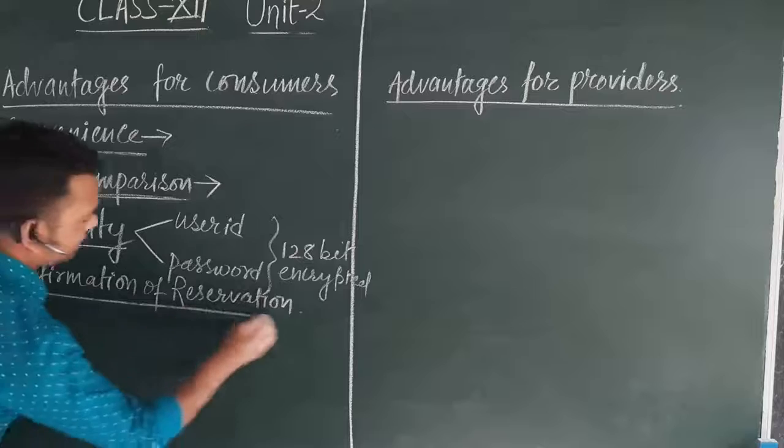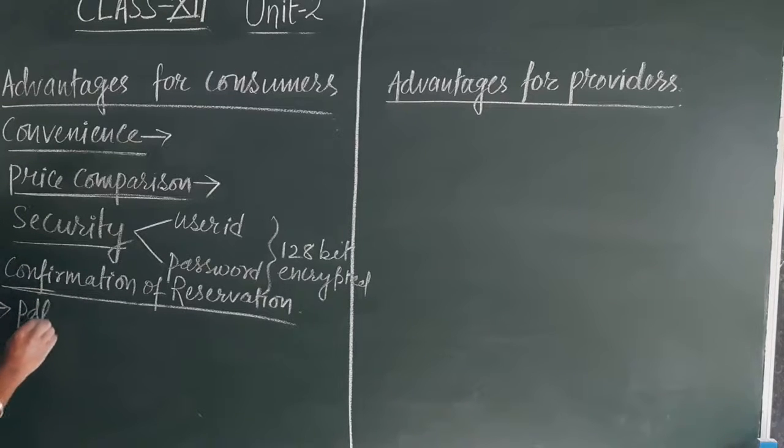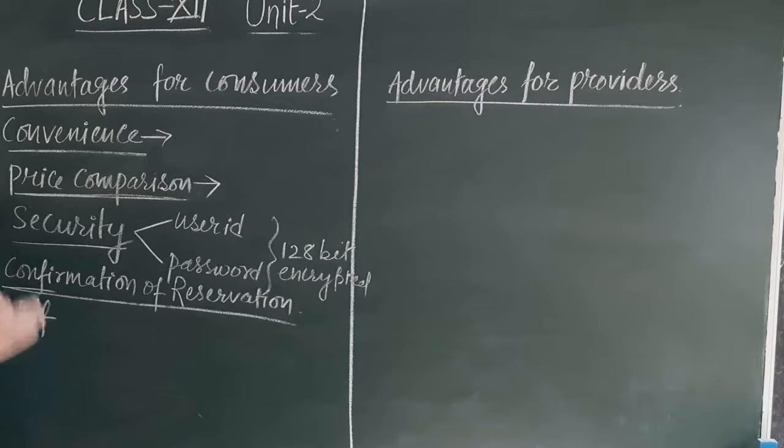See here what happens in this fourth category. This is also a benefit or advantage for the consumers. Once a consumer has availed the service, after confirmation, once he has booked the ticket, he will get a confirmation message regarding the berth or the seat allotted to him by means of a PDF ticket which will be generated, or the transaction reference number which will be generated once we perform the transaction.